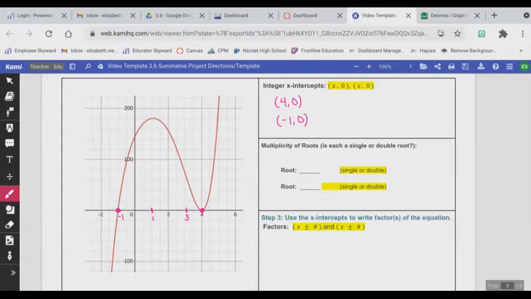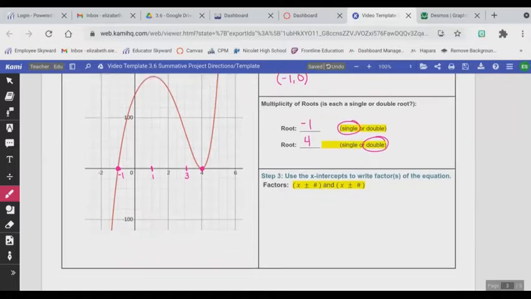Looking at my graph, it crosses through at -1, and that is a single. And it also crosses at 4, and we're going to call that a double, or it has a multiplicity of 2. Meaning that the value of 4 is a zero twice. The x minus 4 as a factor is counting 2 times in order to get this polynomial broken down.